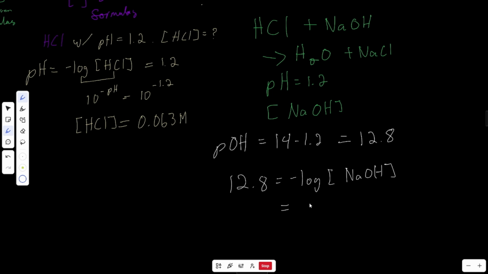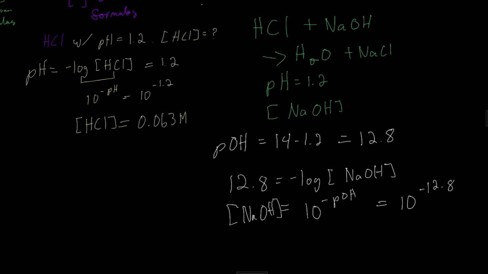Converting this into our exponential version, we just have to raise 10 to the power of our negative pOH. That's 10 to the power of negative 12.8.